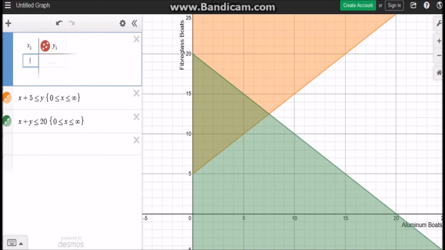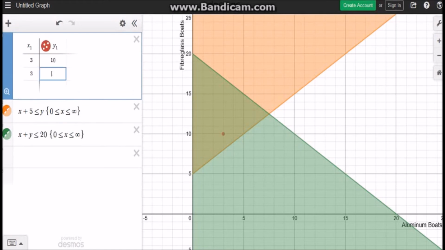So we have to pick an x value that fits in this gap here. I could pick any x value. So I'm going to pick, say, 3, for example. And the corresponding y value at 3, well, there's a ton of them, right? One day I could make 10 fiberglass boats. Fits into the region there.